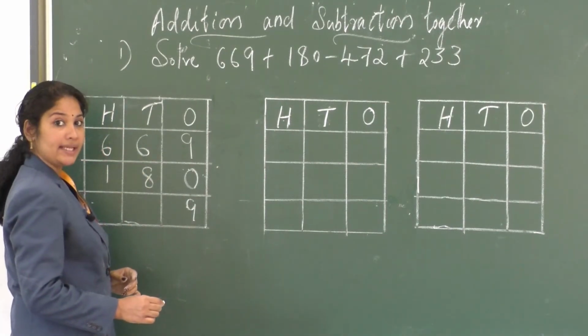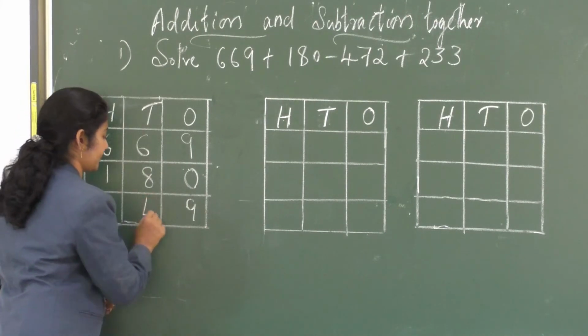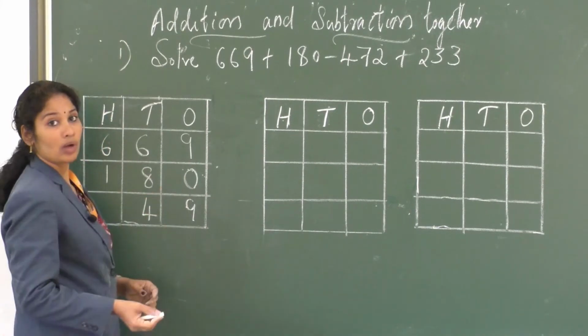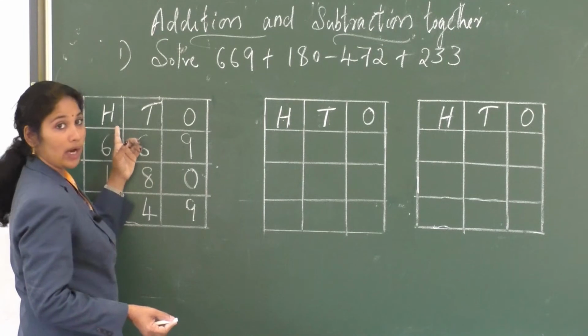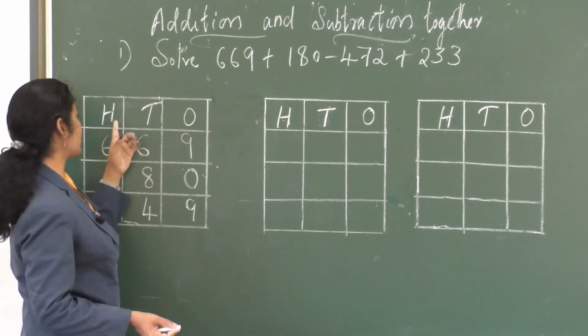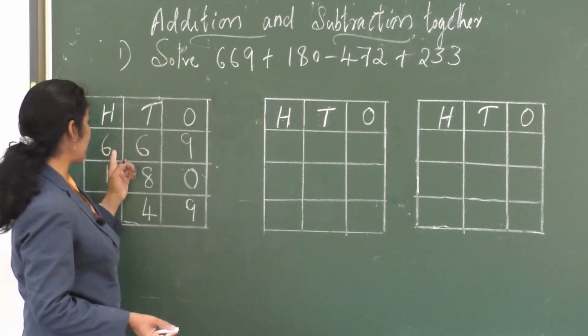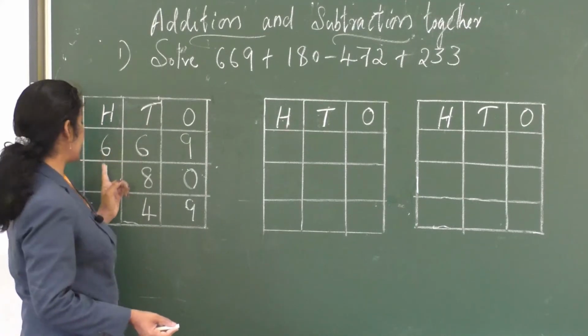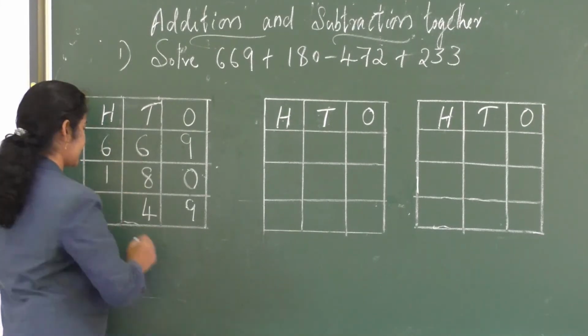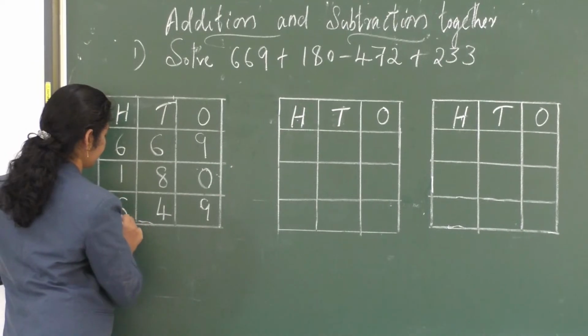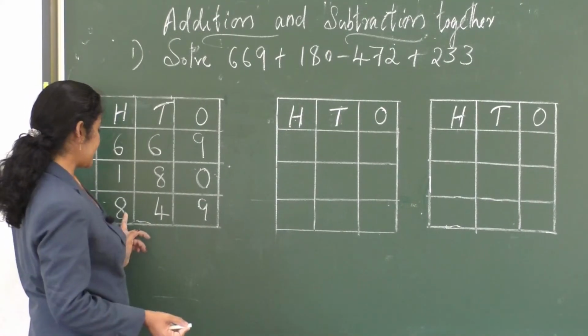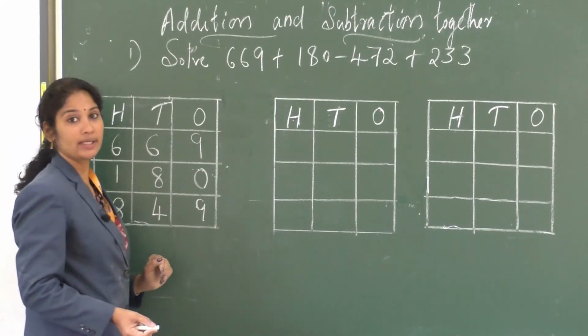What is 6 plus 8? 14. 1 you have to carry forward to hundreds place. So 1 plus 6, 7. 7 plus 1, 8. So we got an answer 849.